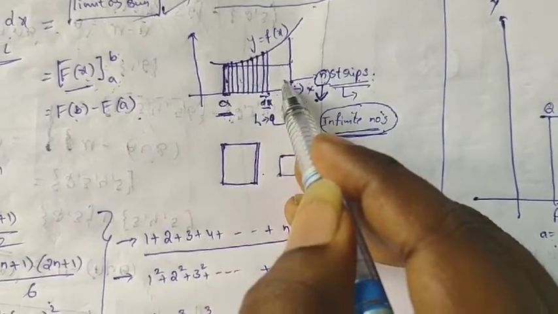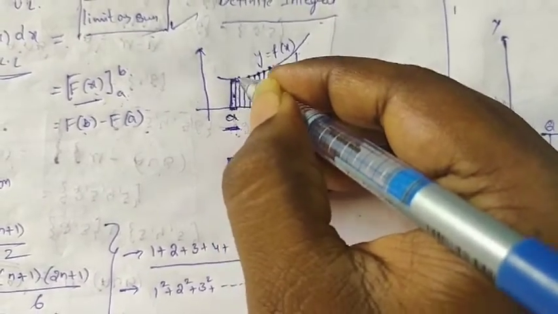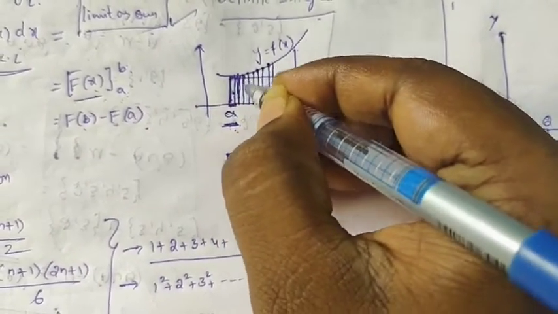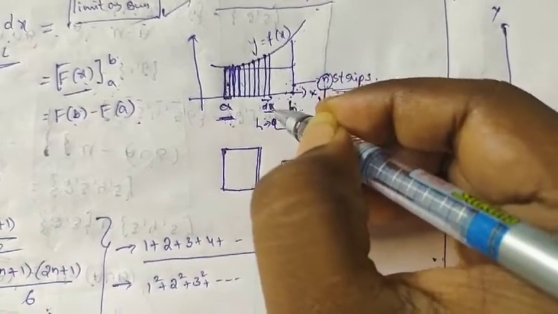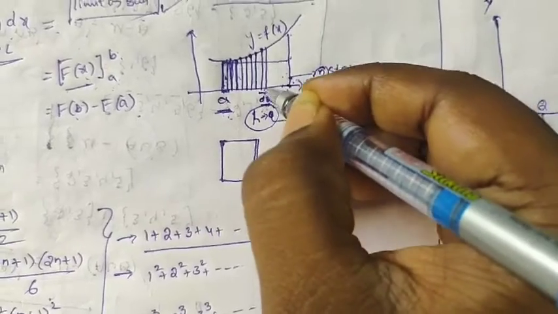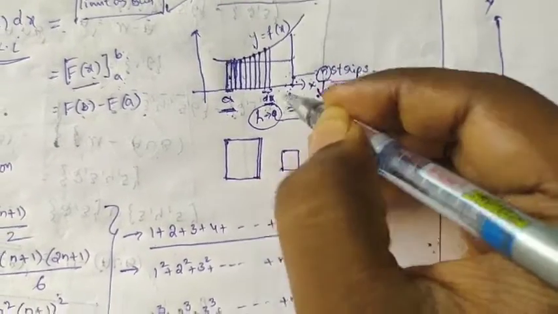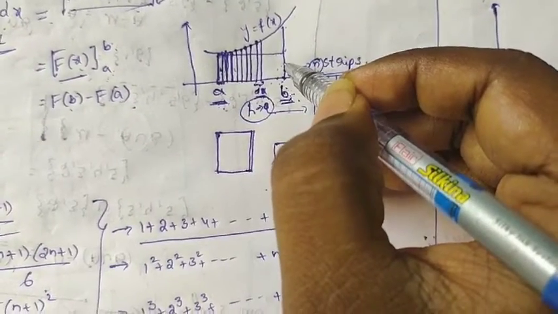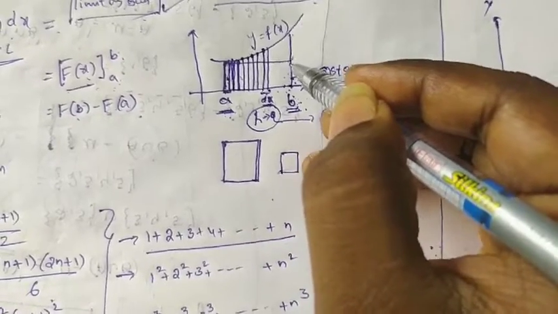We are going to make thin strips, each one looking like a rectangle. The strip width, which is dx or h, is a small value, approximately 0. So after finding all these areas, if you find the sum of the areas, we can find the area under the curve.